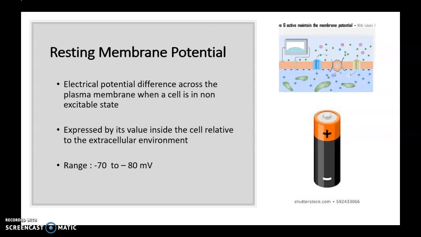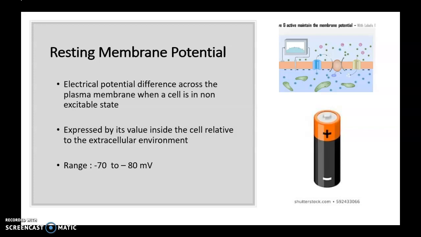So my point is, when a cell is at rest, meaning it's in a non-excitable state, a cell has negative charge inside and comparatively it's more positive outside. And this has been demonstrated by experiments.